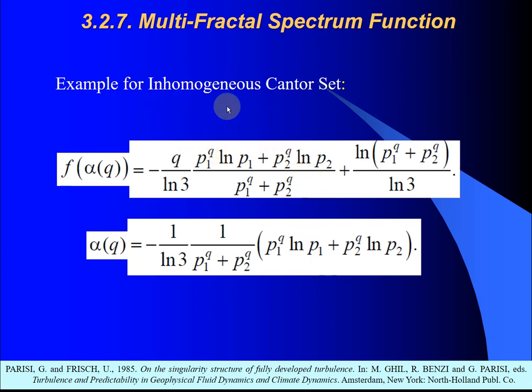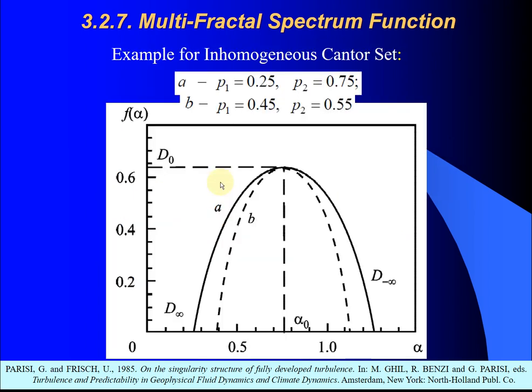For example, for the inhomogeneous Cantor set, we can obtain an analytical expression for the multifractal spectrum function, but in parametric form. And now the parameter is the Q value. I mean, we have the function f of alpha, but this is the parametric form of this function, and f is a function of alpha, which is in this way a function of Q, when Q is the parameter. Now we can see a picture on which we can see the characteristic form of this multifractal spectrum function.